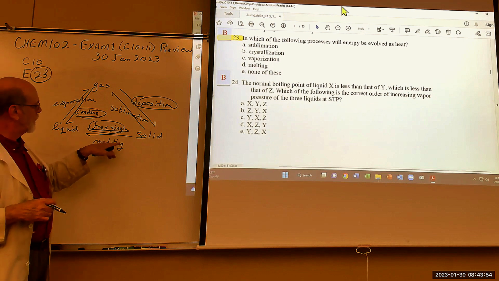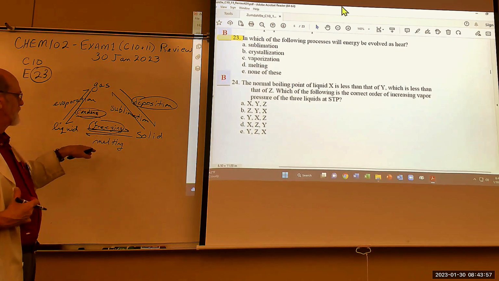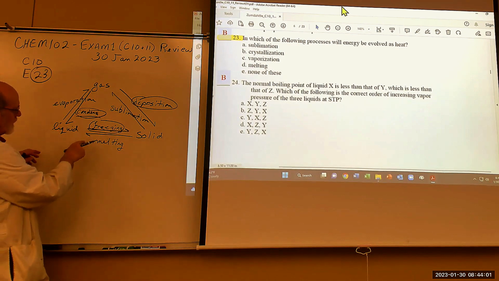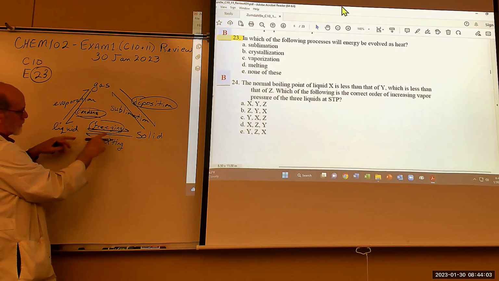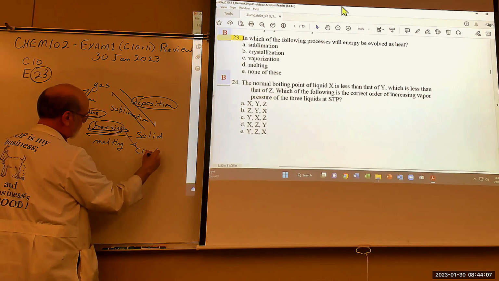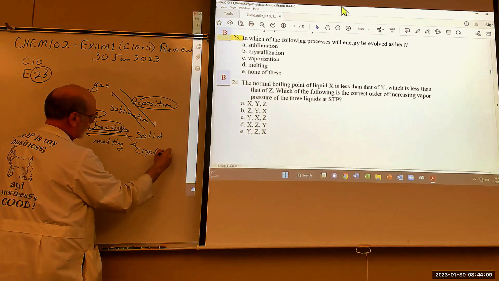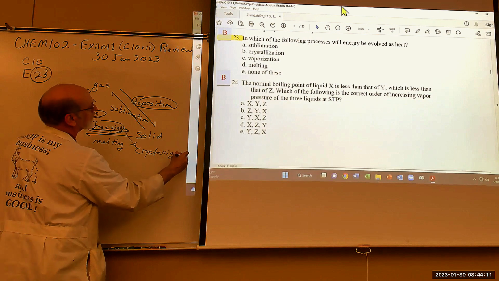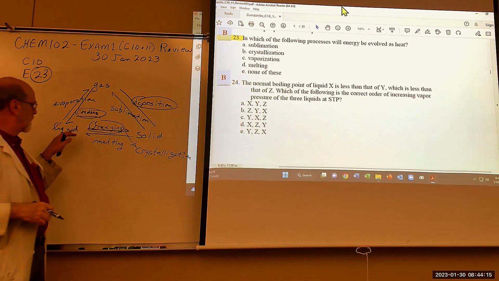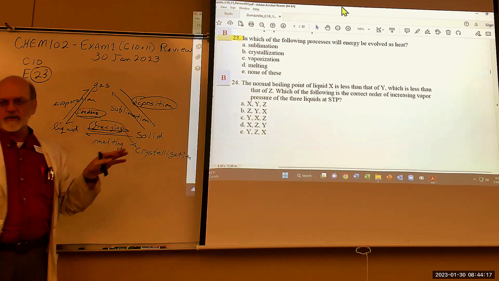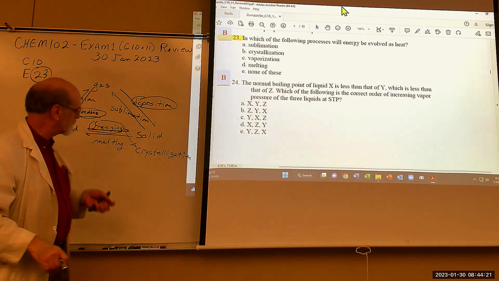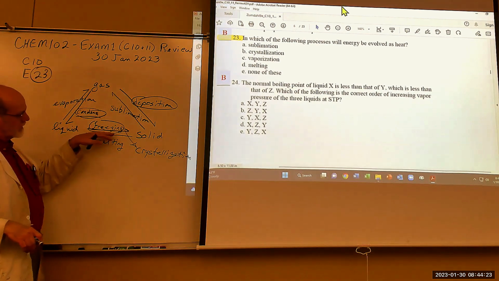Sublimation? Nope. Crystallization. All right, crystallization is another word for freezing. Actually, it's not synonymous, because you can freeze a liquid into a solid and make an amorphous solid, where crystallization was kind of like a second cousin.